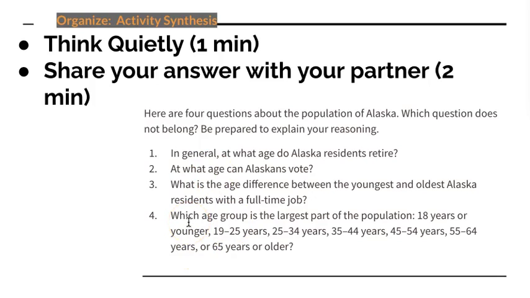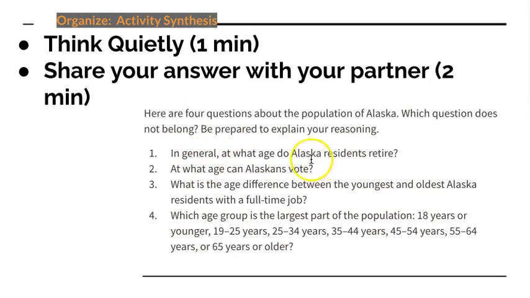Number 4, you'd have to get a lot of data to find. Number 3, you'd have to sort through some data as well. Number 2 is just one answer. It's whatever legally you can be to vote.